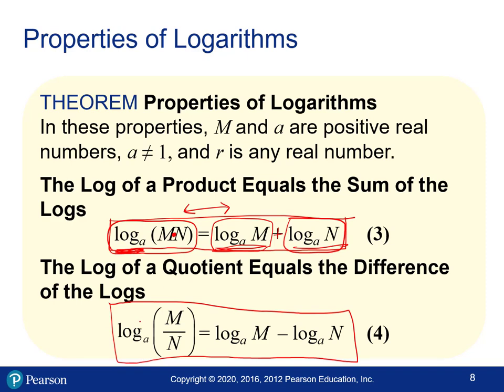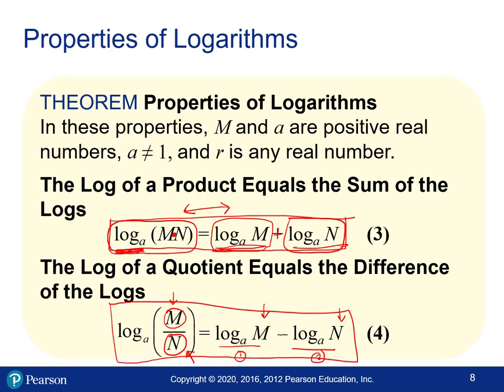Very similar for the next one, the quotient. This one says if I have the log base a of one value or expression on top divided by another expression on bottom, or just one value divided by another one, then I can separate that into two logs. First log, the argument is the numerator, and the second log, the argument is the denominator.